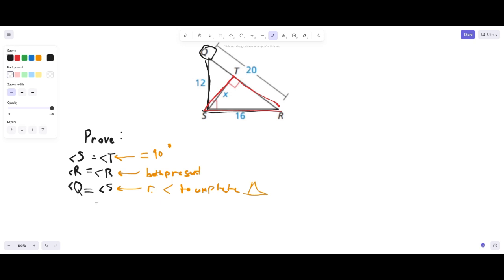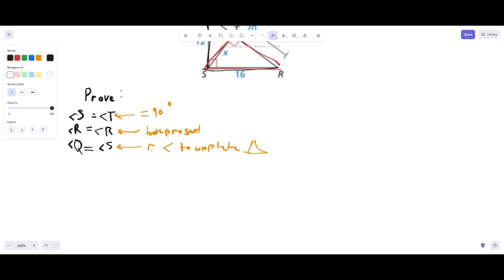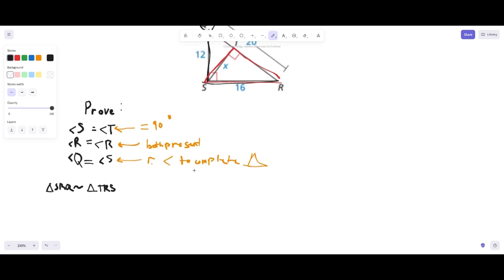All right, so now this column is one triangle, and this column is one triangle. So we have triangle SRQ, which is similar to triangle TRS. Okay?